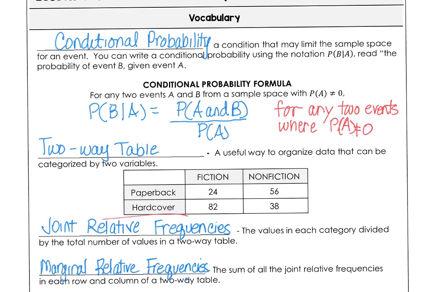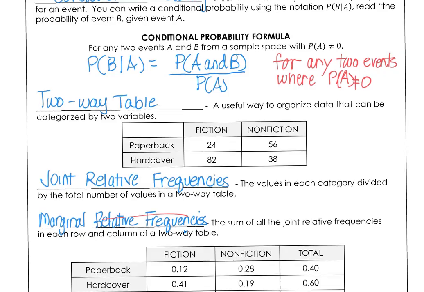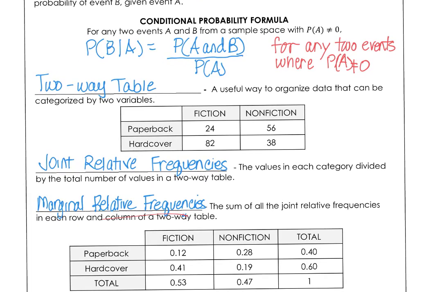That information in some survey or data collection was organized in this nice two-way table. So paperbacks, fiction and nonfiction, hardcover, fiction and nonfiction. You see all the fiction books, both paperback and hardcover, and then all the nonfiction books, both paperback and hardcover.